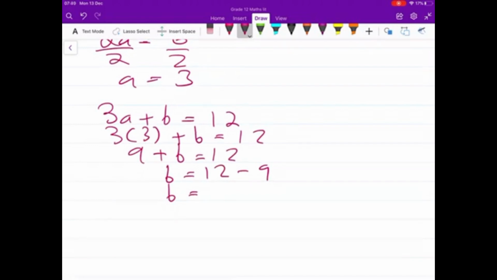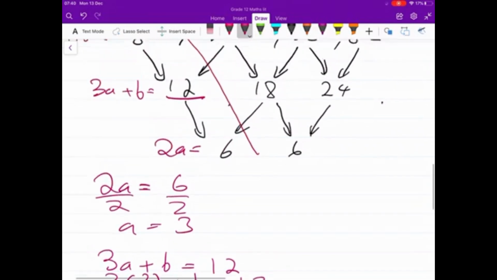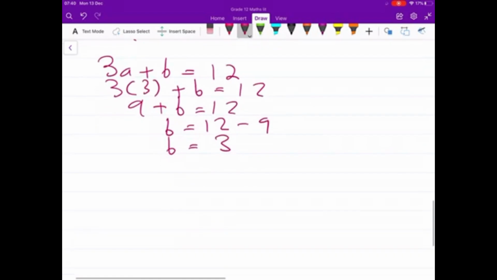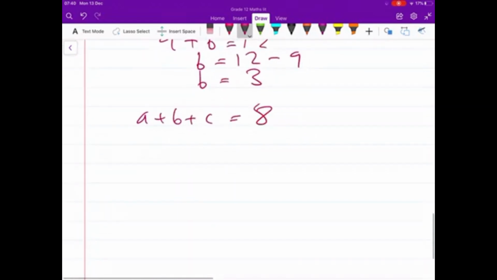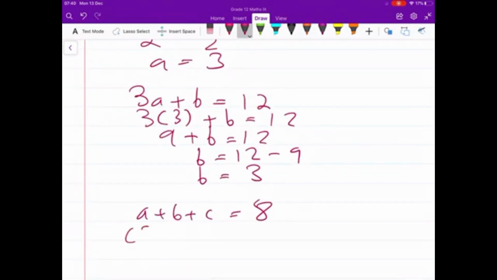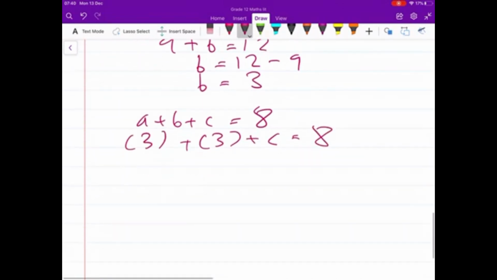Good. And then you are left with just one thing, and that is to find the value of c. You will say a plus b plus c is equal to 8. All right, so a is 3, b is 3, and we are trying to find the value of c.